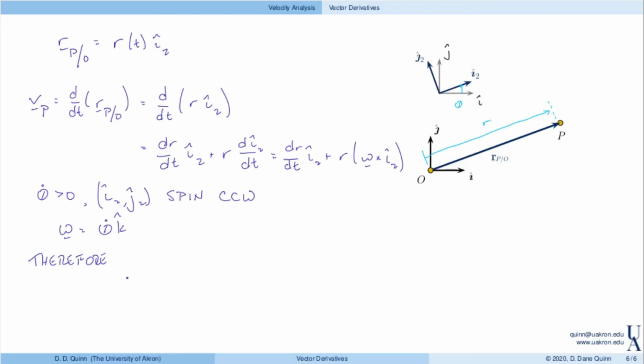So therefore, we find that the velocity of P is, back up to here, r dot in the I2 direction plus r times theta dot k cross I2. So we have r dot in the I2 direction plus r theta dot in the J2 direction, since k cross I2 is J2. So if we were to go back, maybe r dot in the I2 direction is, say, this component.